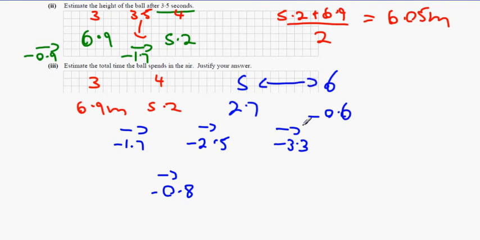So what we can say is that the 3.3 here is how much we dropped in total in this second, and to go from 2.7 to 0 would be 2.7 divided by 3.3, multiplied by 1 second.